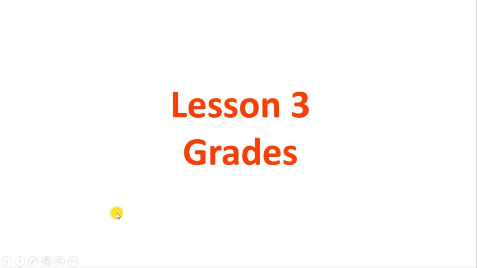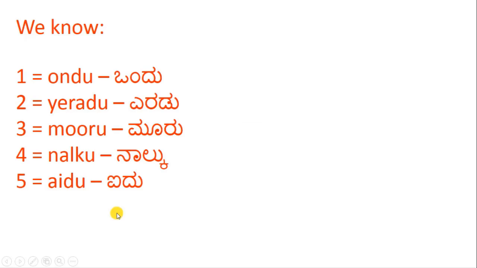Hello and welcome. In this lesson, we will learn a bit about grades. Now, we know that one is called Ondu in Kannada, two, Eradu, three, Muru, four, Nalku, five, Aidu.